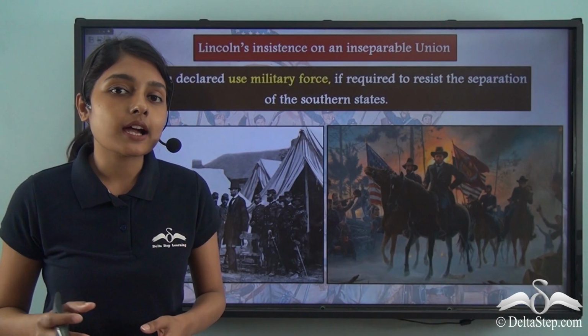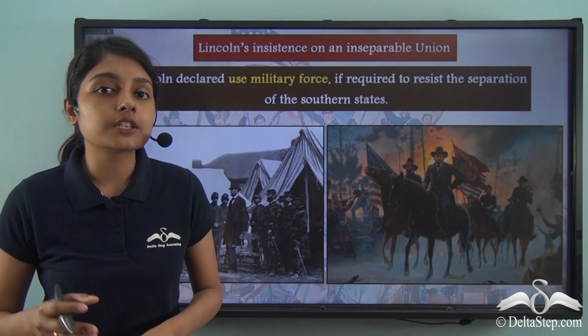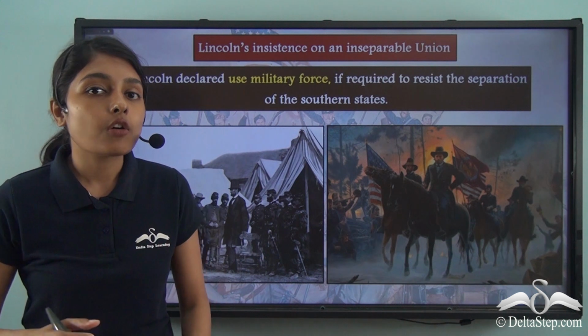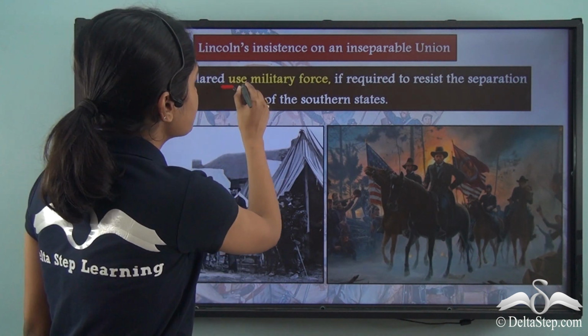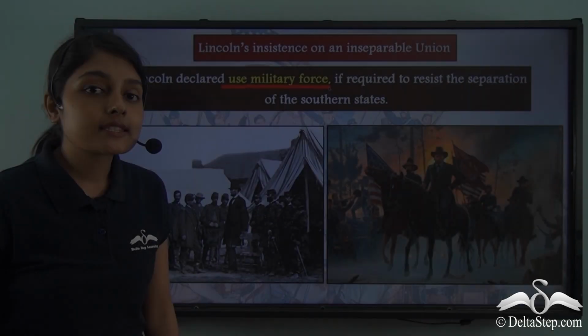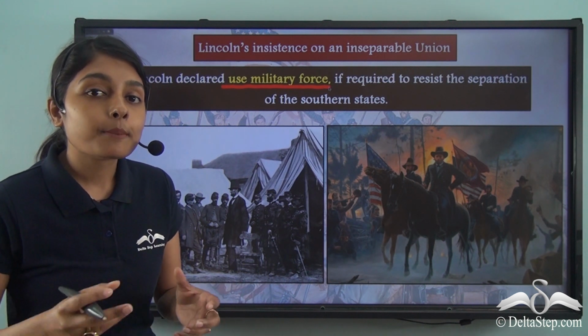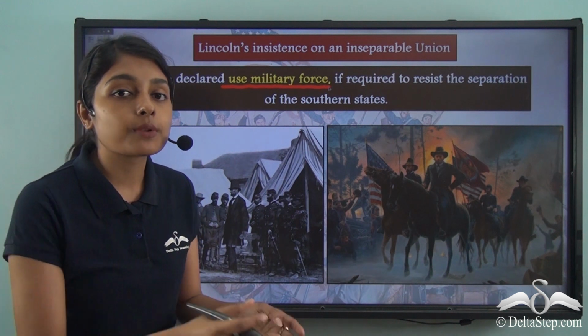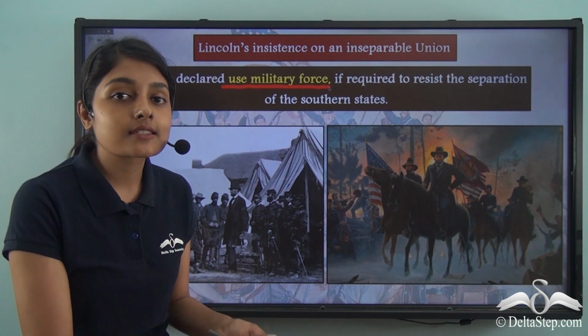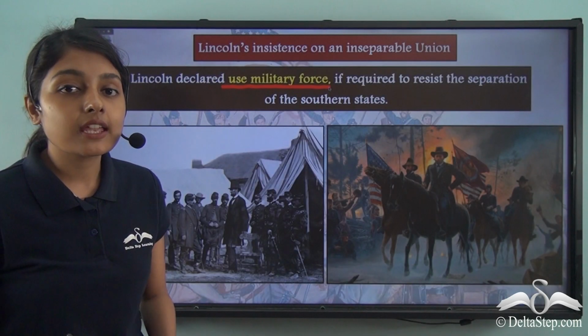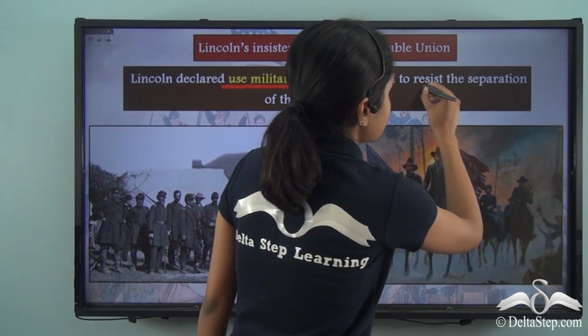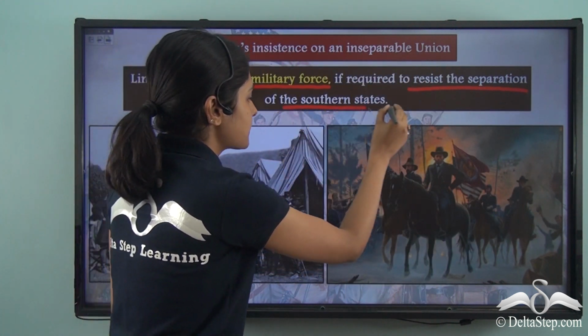And since this was unconstitutional and threatened the unity of the nation, he also resorted to using military forces. He said that he would use military forces to bring these rebellious Confederate states into the Union. And in this way, he tried to resist the separation of the southern states.